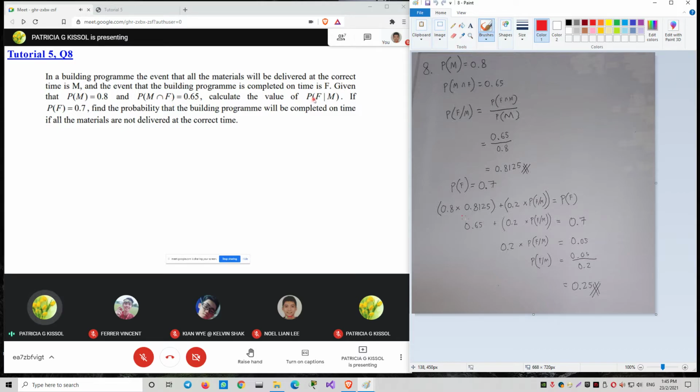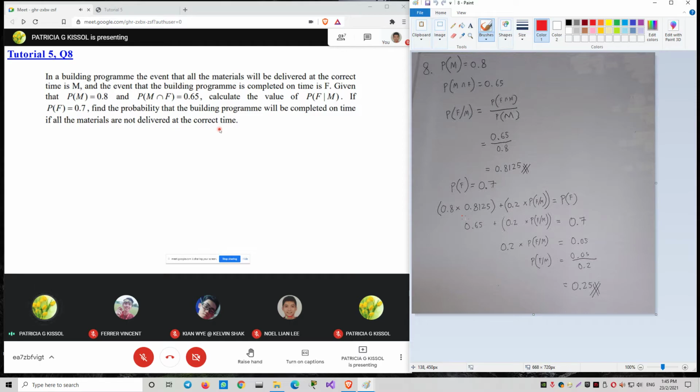So we want to calculate probability of F given M. That's the first part of the question. The second part of the question is to find the probability that the building program will be completed on time if all the materials are not delivered at the correct time.